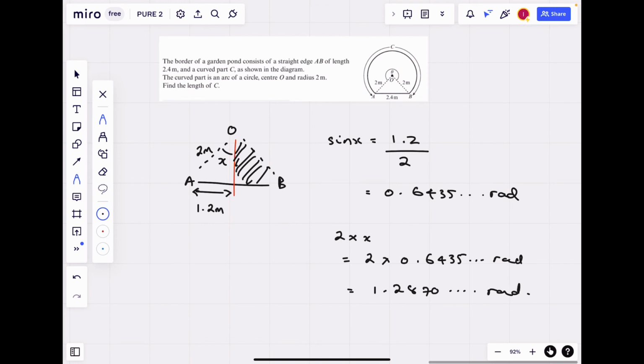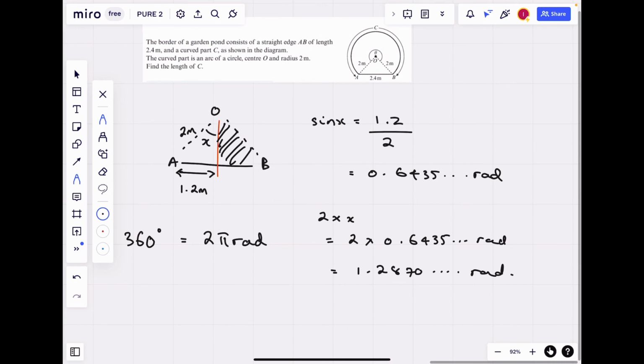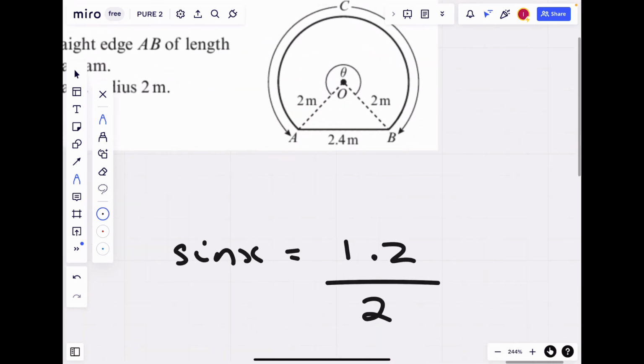Okay? What is the total angle of a circle? 360, which in radians would be 2 pi. 360 degrees is the same as 2 pi radians. Okay? So now, if we want to work out, if I zoom in, if we want to work out this angle here, let me do it in red actually.